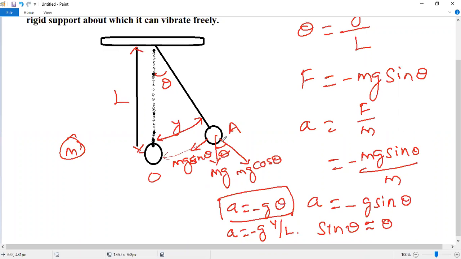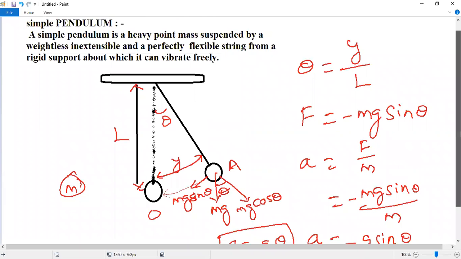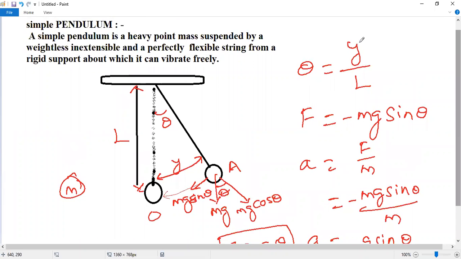Sir, for that theta equal to g by L? No, ma'am, theta is equal to y by l.